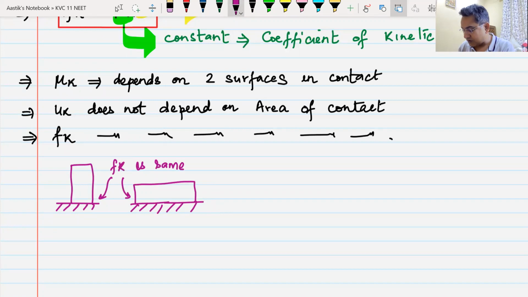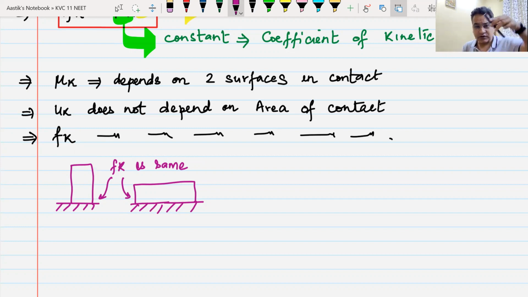It cannot change just by putting the body down or up, unless you change the surface. For this body, it is going to make a difference. If I keep it like this, the surface is different, so friction would be different. This side is slightly rough, but if I keep it from the screen side, which is very smooth, the value of friction is different.